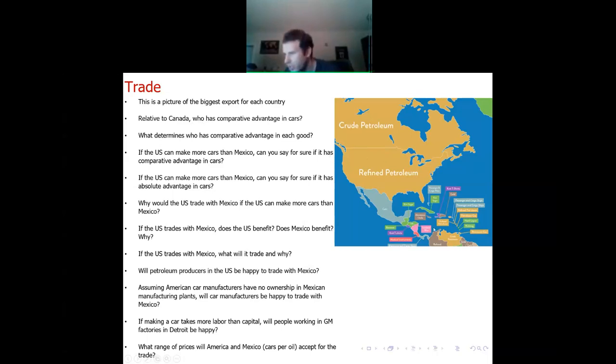Okay, so relative to Canada, who has a comparative advantage in cars? What I would do is look here. I'd see, okay, Mexico is exporting cars. Why would Mexico want to export cars? They want to export cars because that's probably where they specialize, right? When you have two people trading a certain thing, provided that they're acting efficiently, they're trading that thing because they have comparative advantage in that thing.